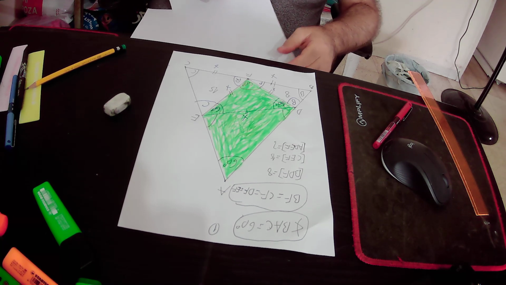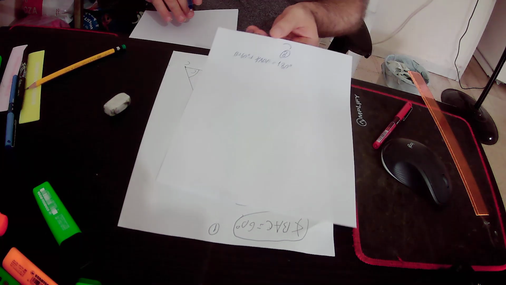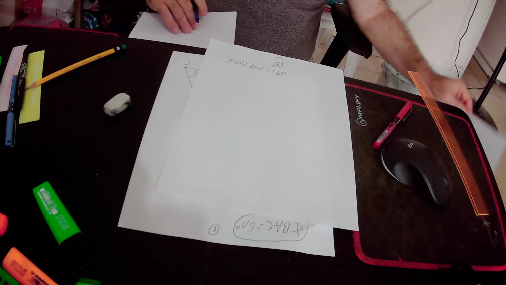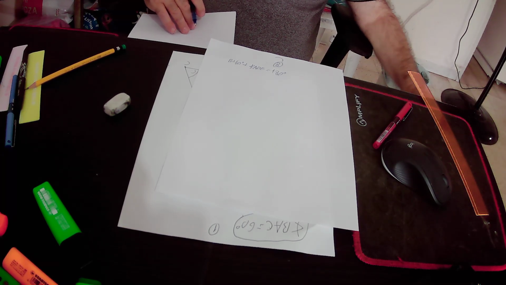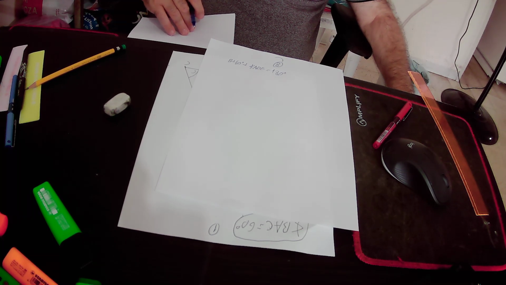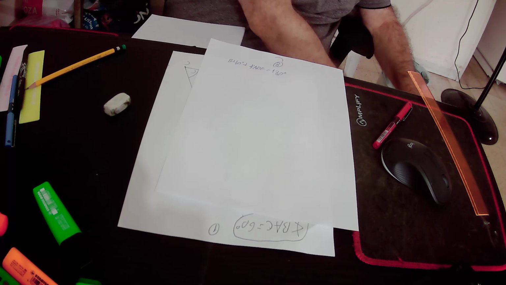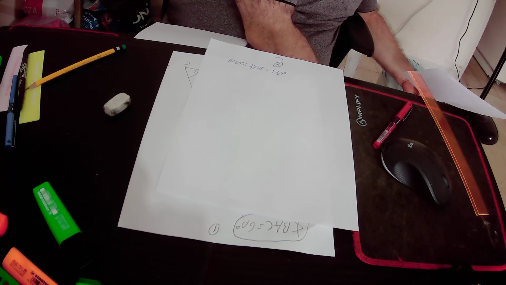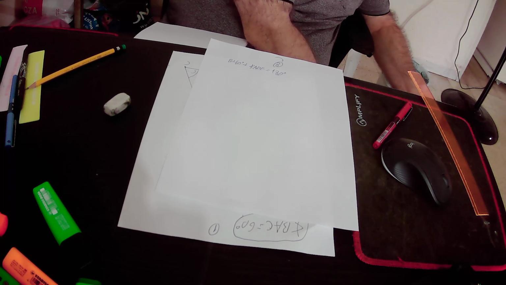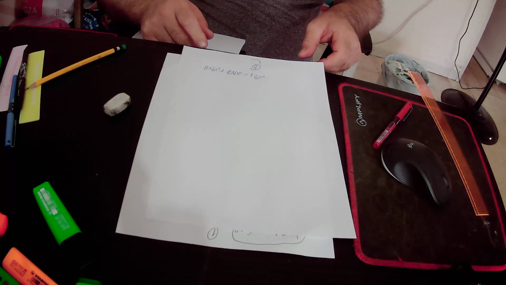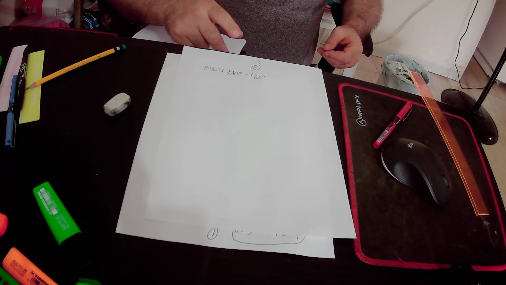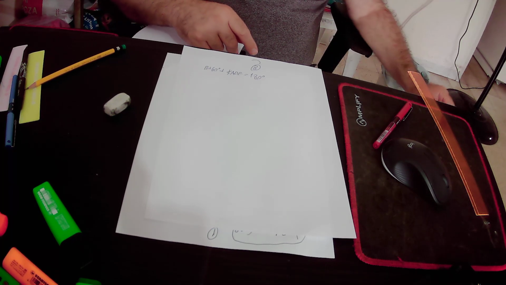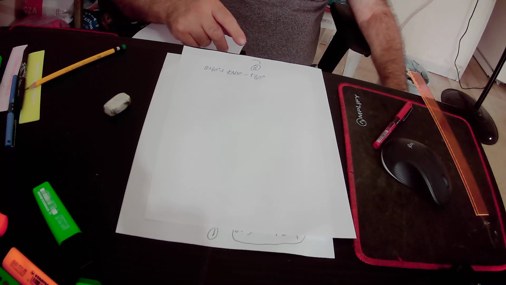Okay, according to rule number 3. So B plus 60 degrees plus angle ADE must be equal to 180 degrees.